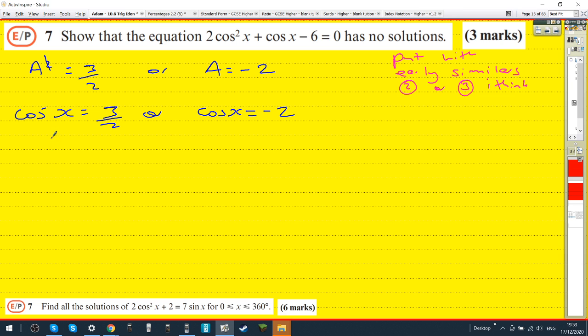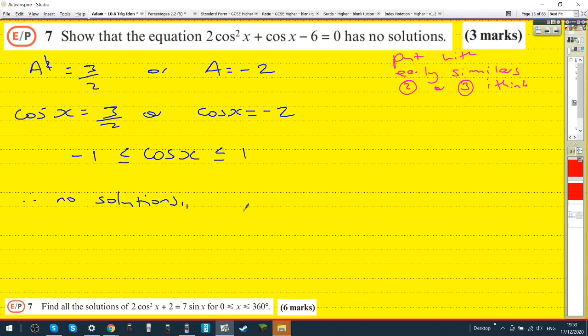And the second one is most likely going to be a math error. Yeah, it's a math error. Because they're both outside the range. 3 over 2 is 1.5. Basically cos x is between 1 and minus 1. This one's too small. This one's too big. Therefore, no solutions. Yep.